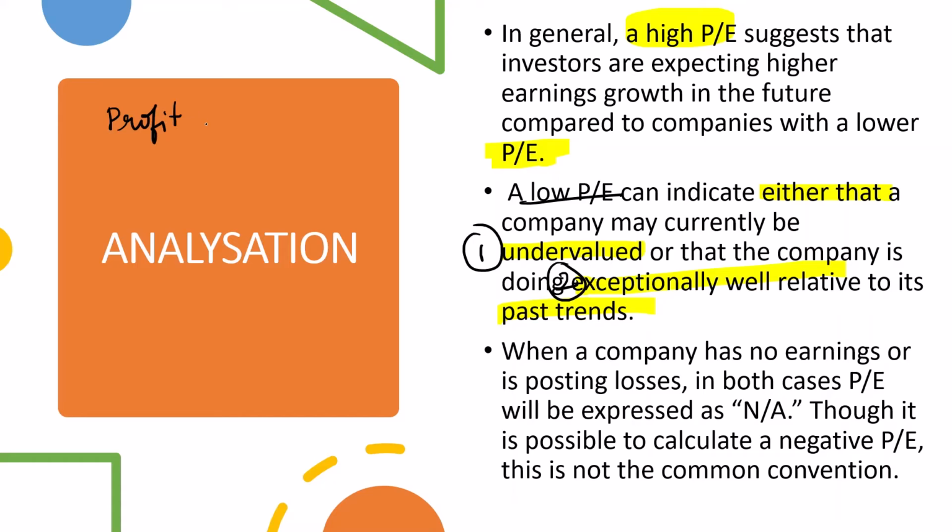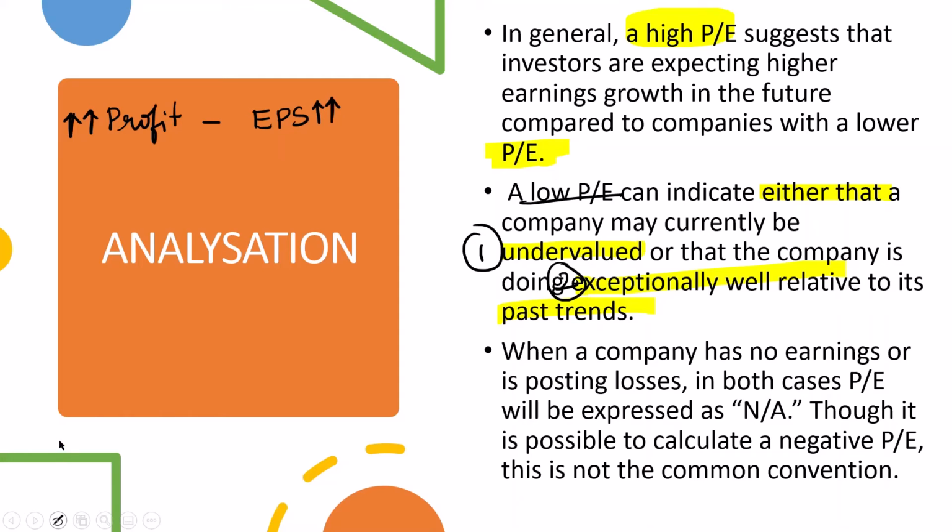If the profits are increasing, then the earnings per share will also increase. Keeping the share price constant, the PE ratio of this company will surely decrease. So there are two scenarios if the company's PE is low. One, the company may be undervalued. Second, the company is doing exceptionally well relative to its past trends.